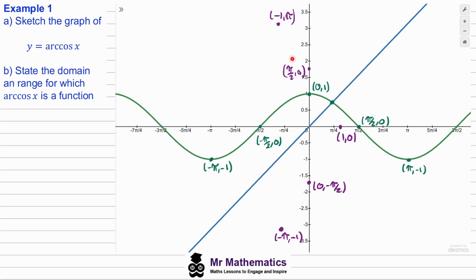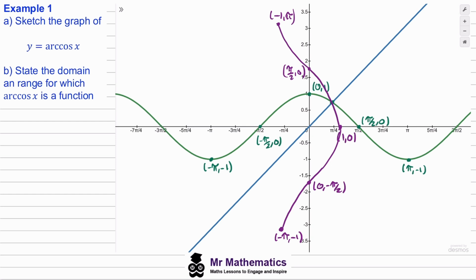So if we join these points together, we'll get the graph of the reflection of cos of x. So you can see that one input is mapped to multiple outputs, the positive and the negative. The same is true over here. This input is mapped to a positive and to a negative. So you can see that this is not currently a function.